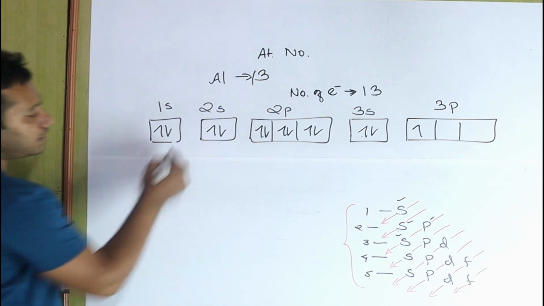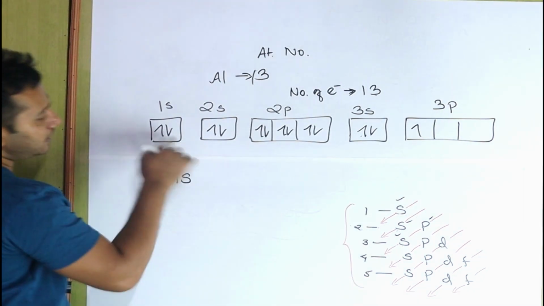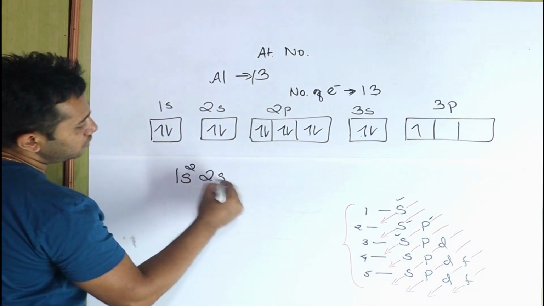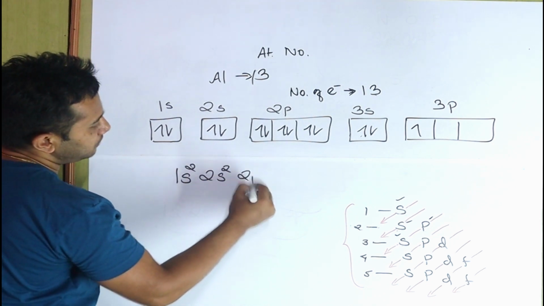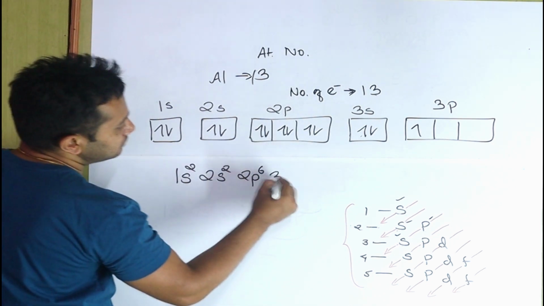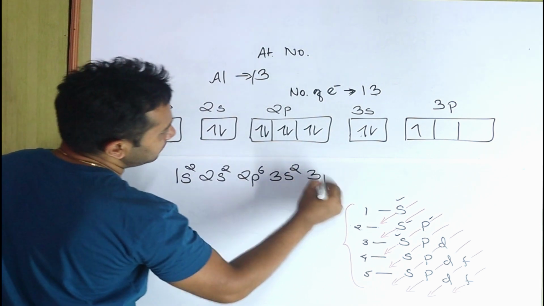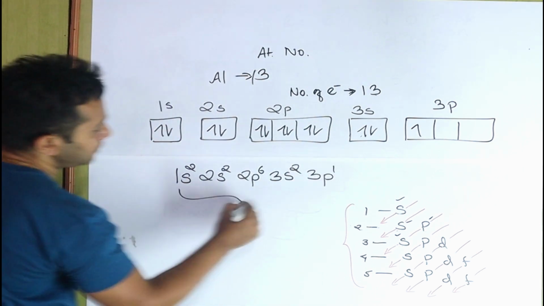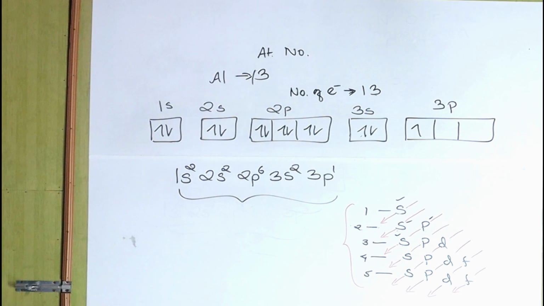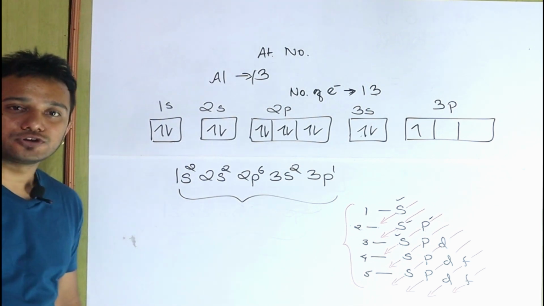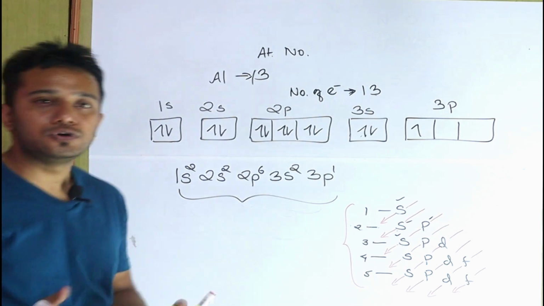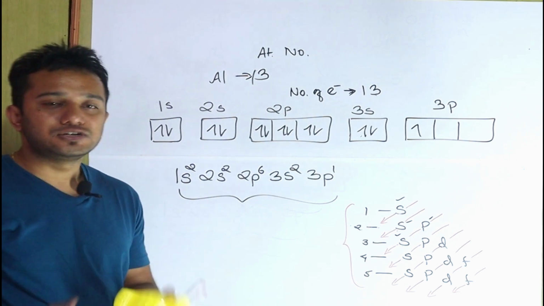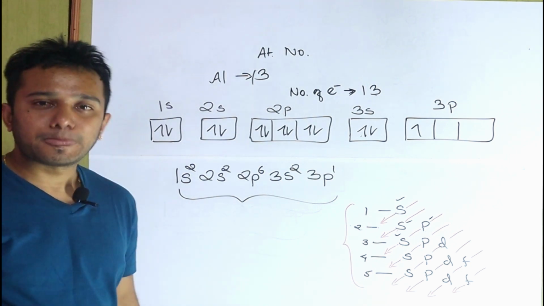So now we'll write the electronic configuration: 1s2, 2s2, 2p6, 3s2, 3p1. So this will be your electronic configuration of aluminium: 1s2, 2s2, 2p6, 3s2, 3p1.